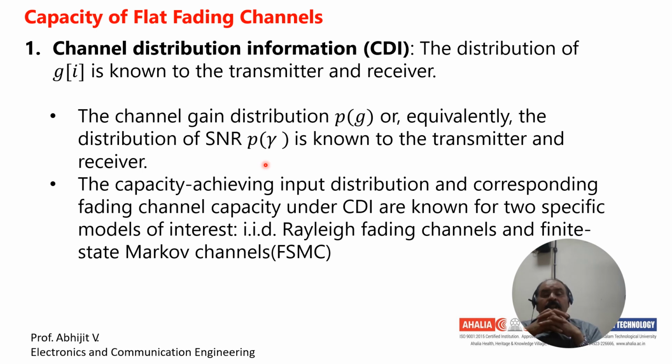The capacity achieving input distribution and corresponding fading channel capacity under CDI are known for two specific models of interest: IID Rayleigh fading channels, and finite state Markov channels, FSMC.